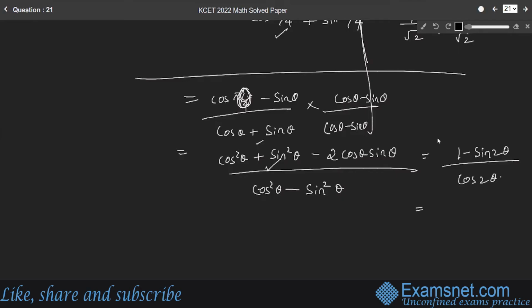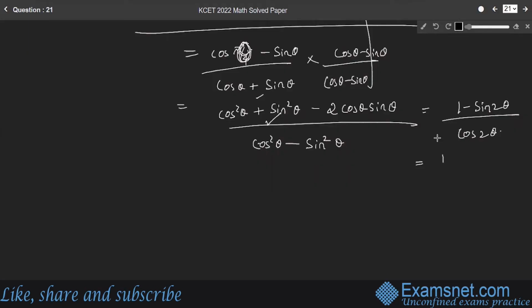Now substitute the value of theta, which is pi by 4. 1 minus sin 2 theta: 2 into pi by 4 is pi by 2, sin pi by 2, divided by cos of 2 into pi by 4, which is pi by 2. Here sin pi by 2 is 1, so it becomes 1 minus 1. Cos pi by 2 is 0.